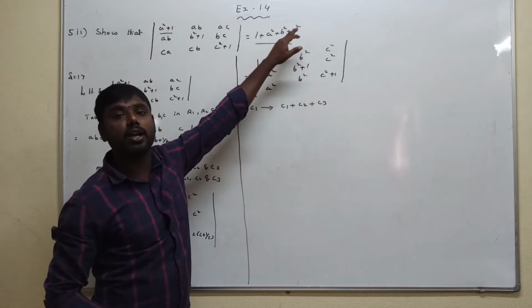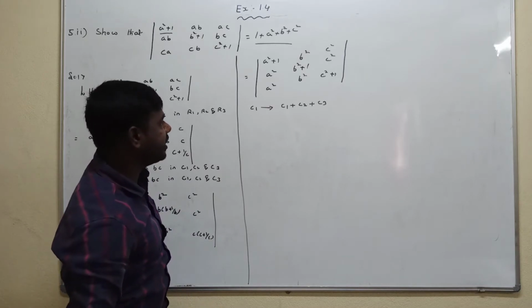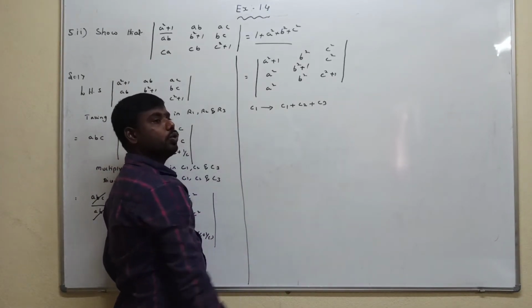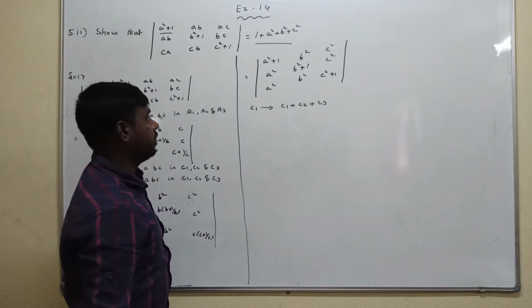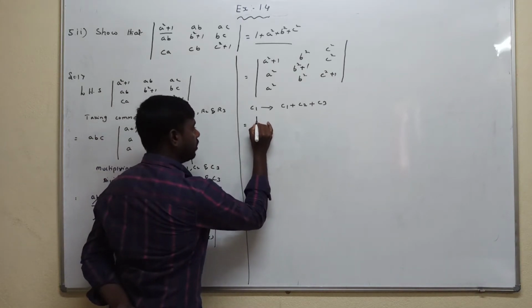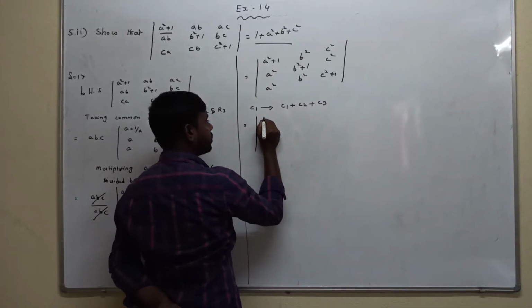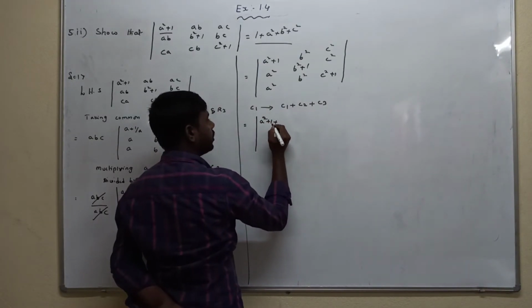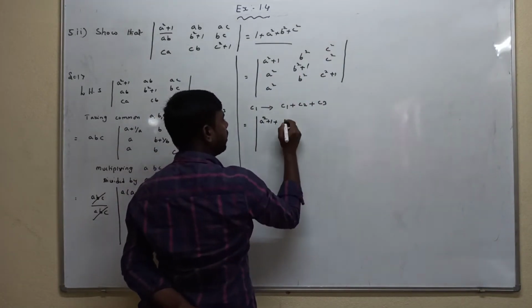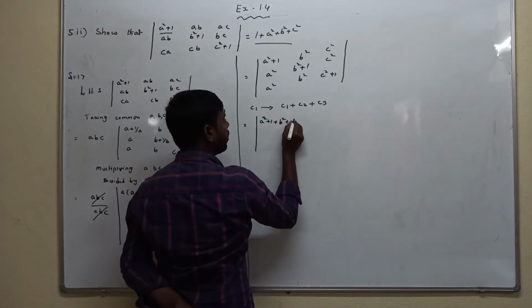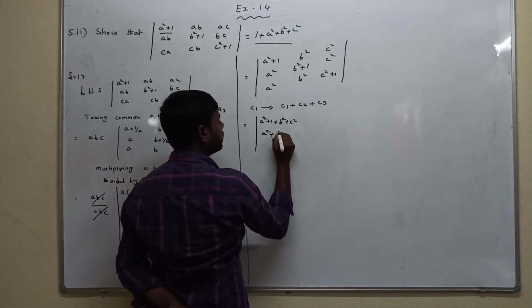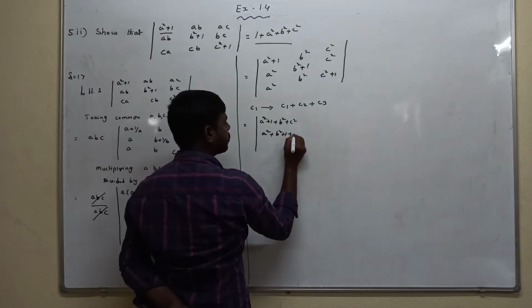Where is that B square? The second column is there. That's why we are applying the condition C1 changes to C1 plus C2 plus C3. So now apply that condition. Now only this column changes. A square plus 1 changes to C1 plus C2 plus C3: B square plus C square. So A square plus B square plus 1 plus C square.